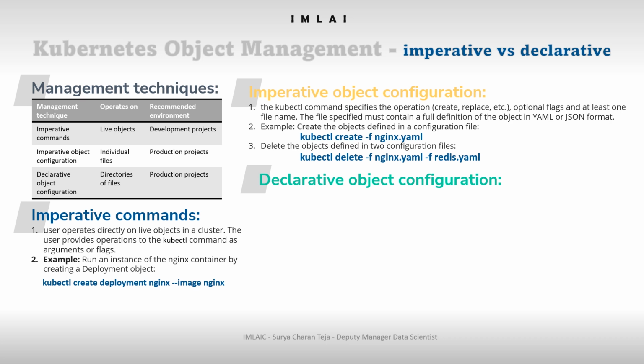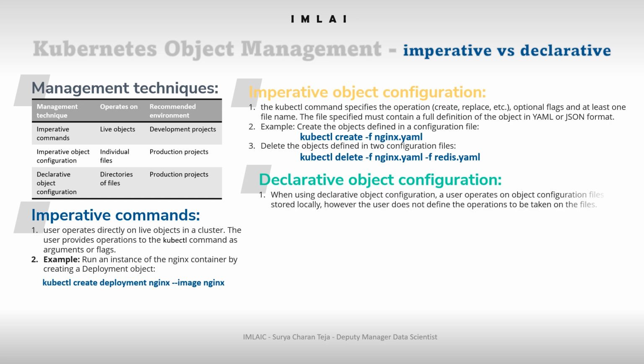However, the user does not define the operations to be taken on the files. Create, update, and delete operations are automatically detected per object by kubectl. So this enables working on directory where different operations might be needed for different objects.